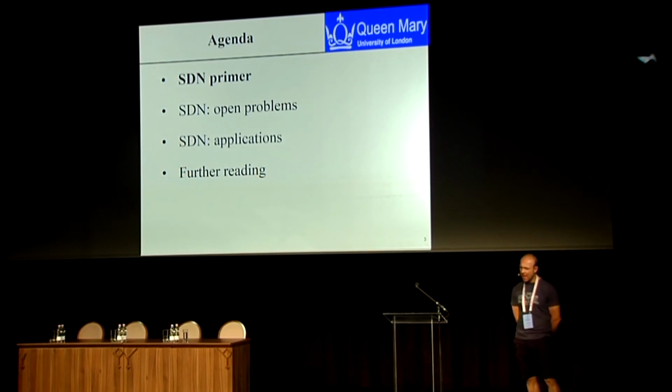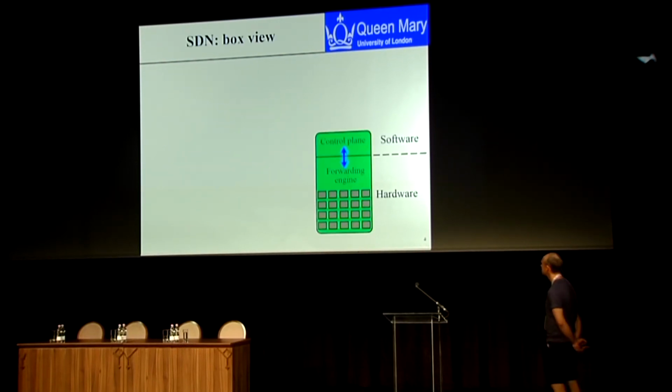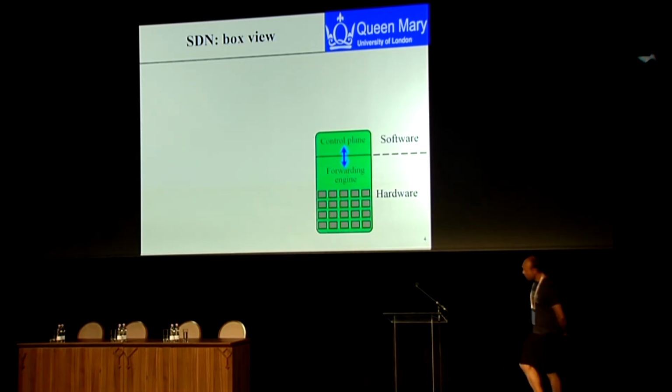So that's the plan. First, an SDN primer. That's actually half of the talk, so hopefully 7.5 minutes. I'm not too sure. So what is SDN, really? When you look at a box or a device, the reason SDN was introduced came from the observation that nowadays routers, switches, and all network devices are made of software that runs the control plane, the routing protocols, the management, everything that is managing a forwarding engine.